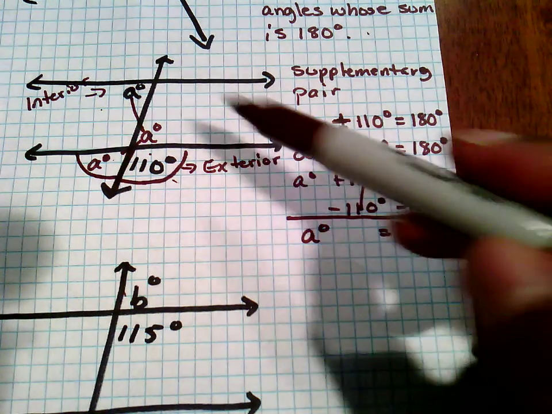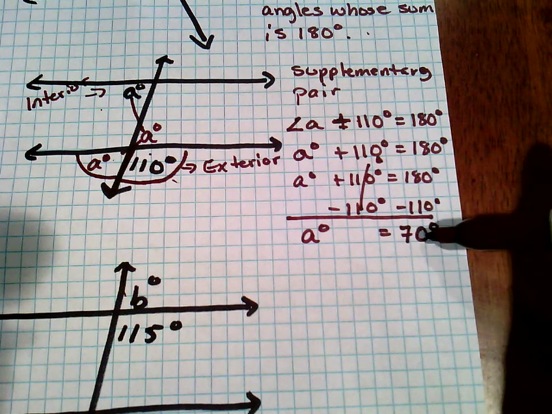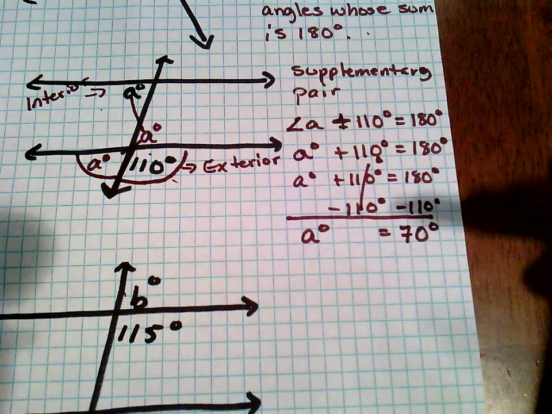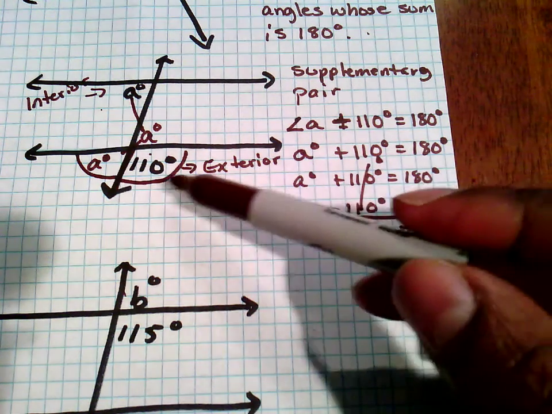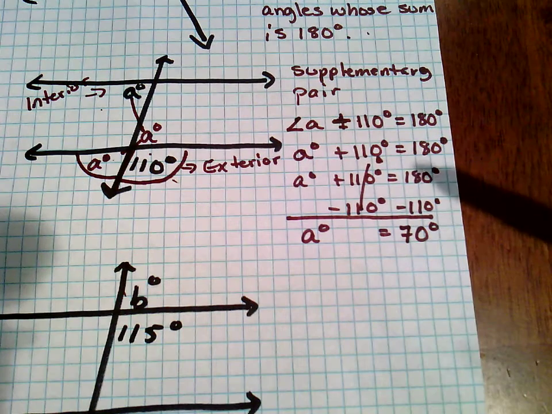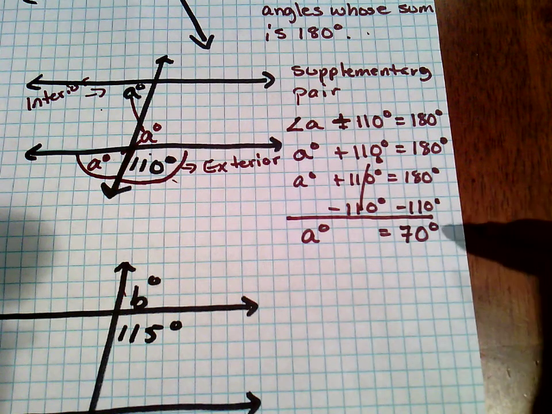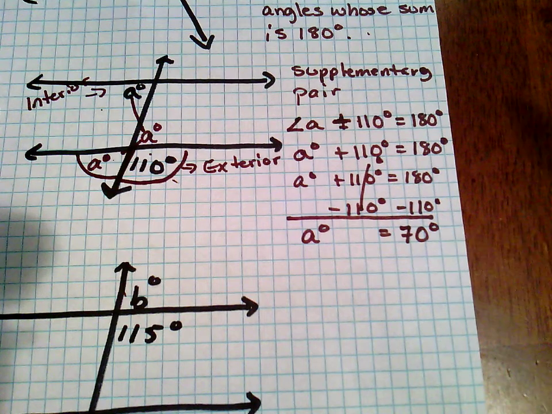So our 80 degree angle must be 70 degrees. And if we go back and add 70 plus 110, we do get a sum of 180 degrees, which proves our answer true. So angle A is equal to 70 degrees.